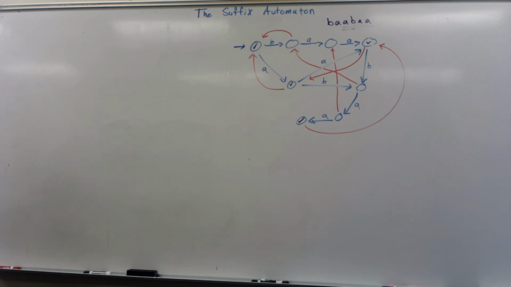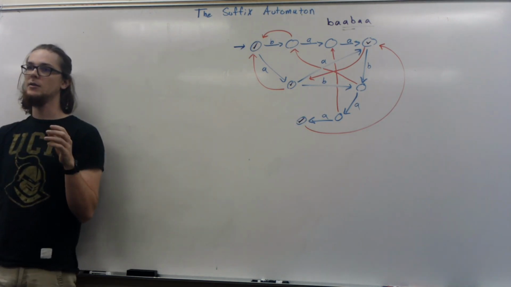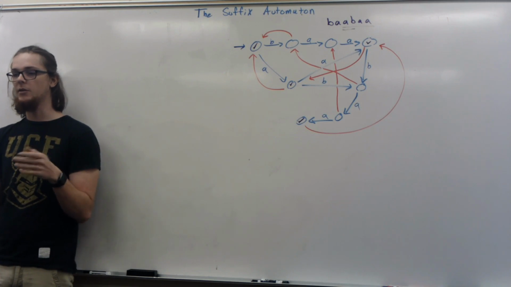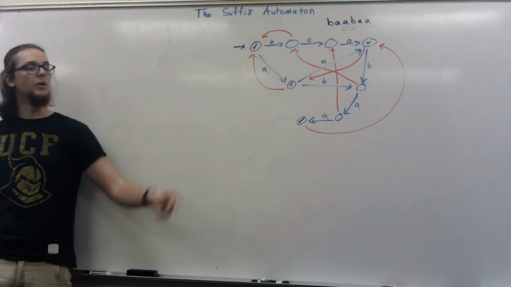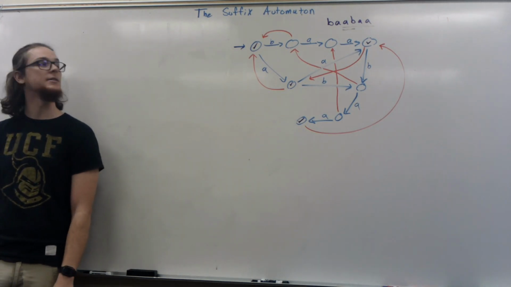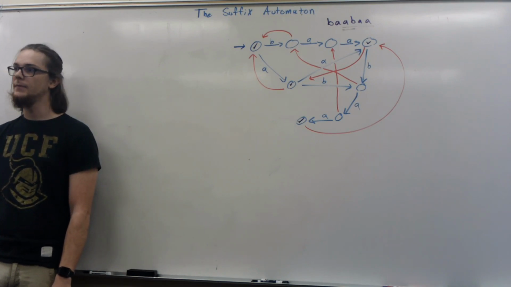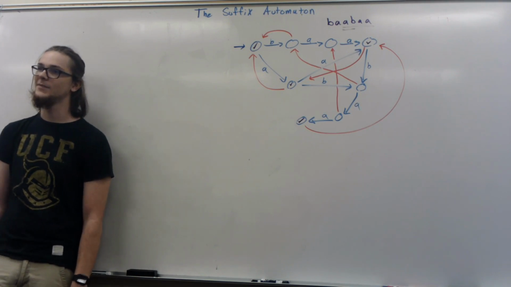All right, what if we wanted to find the shortest missing substring? We have the string. What is the shortest string that is not a substring of the whole string? Okay, well, the alphabet is A, B. Oh, dang.